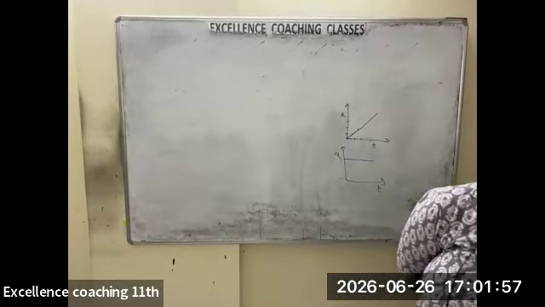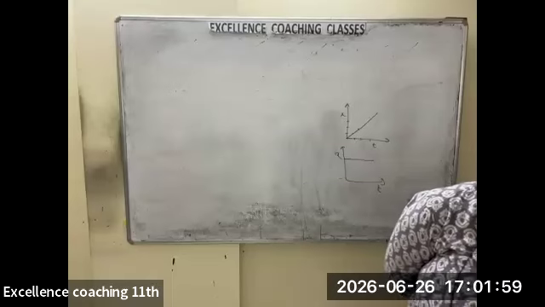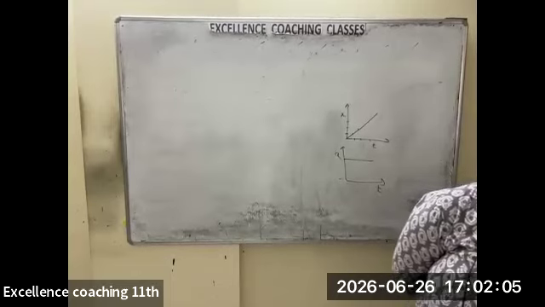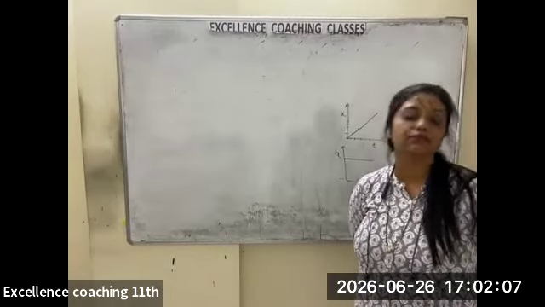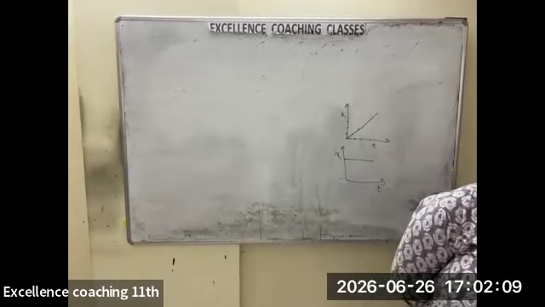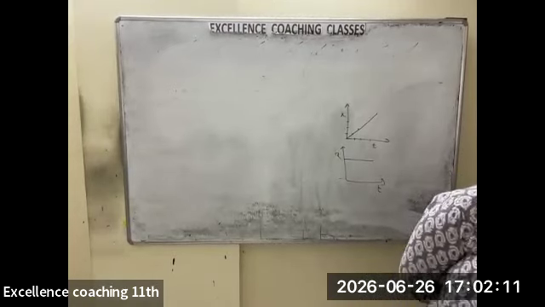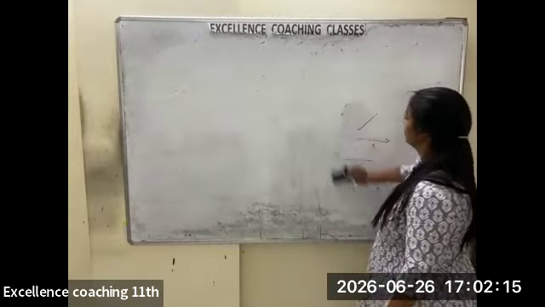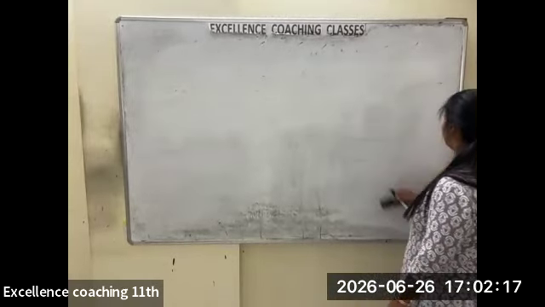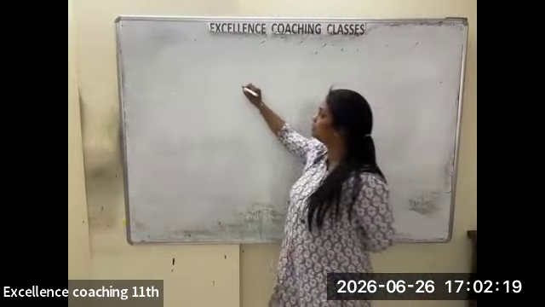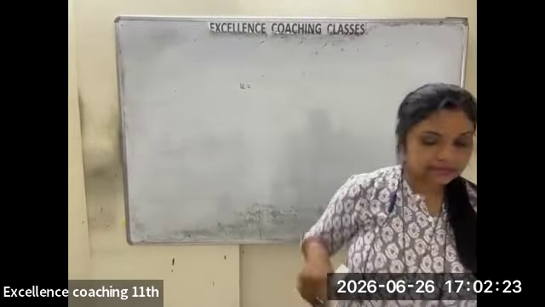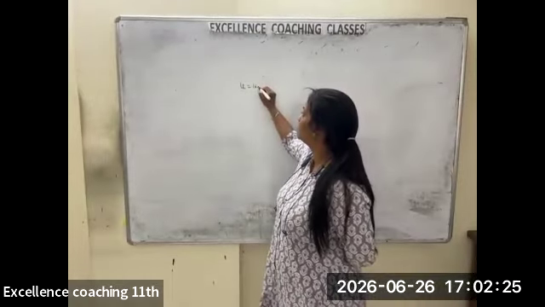A bullet traveling with a velocity of 16 meters per second penetrates a tree trunk and comes to rest in 0.4 meter. So what is the initial velocity and what is the final velocity? Initial is 16 meters per second.